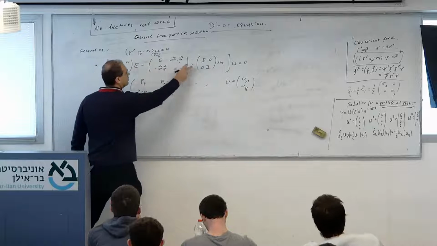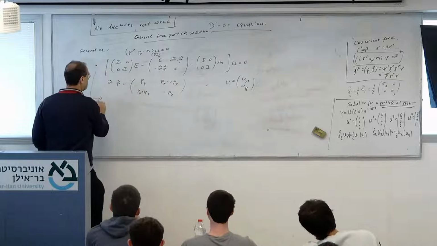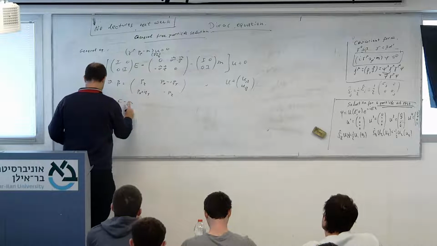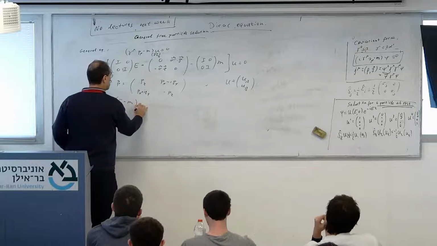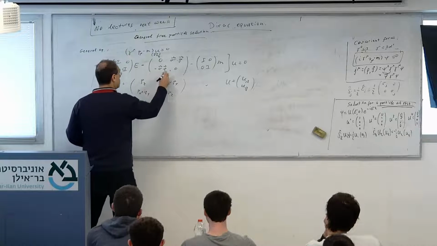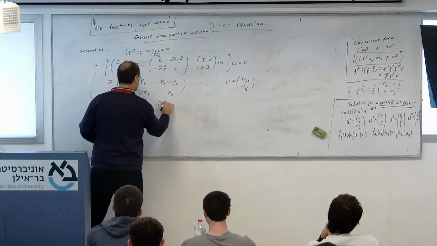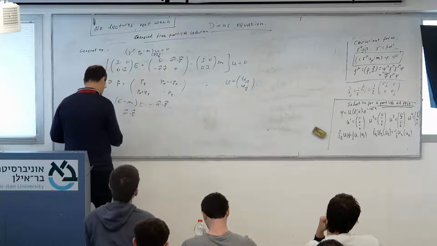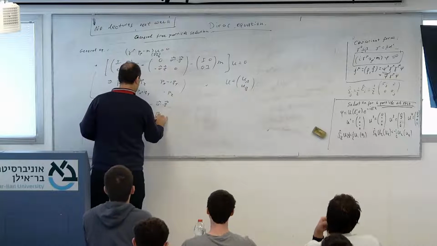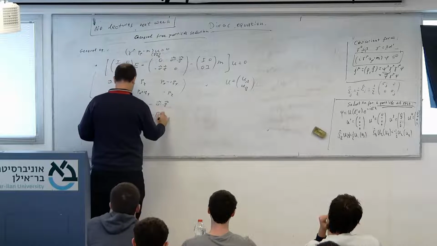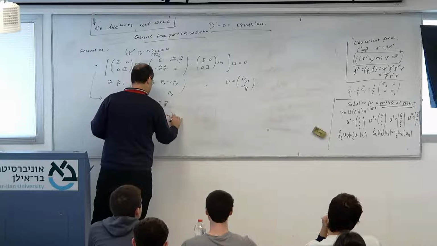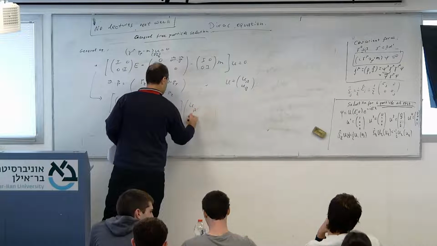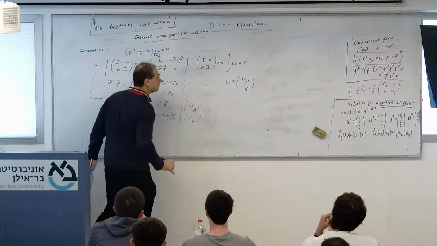Then, collecting terms here, I get E minus m I, here it will be a minus sigma dot p, here I have a sigma dot p, and here it will be a minus E plus m I, times UA UB is equal to 0.